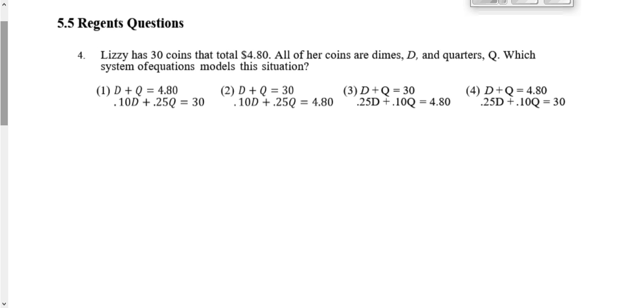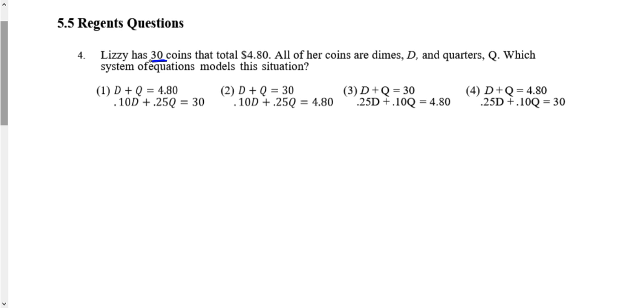Well, what do you think? What's the answer? Which choice, guys? 2. Another one got 1. I got 2. So 30 coins, right? The number of coins adds up to 30.